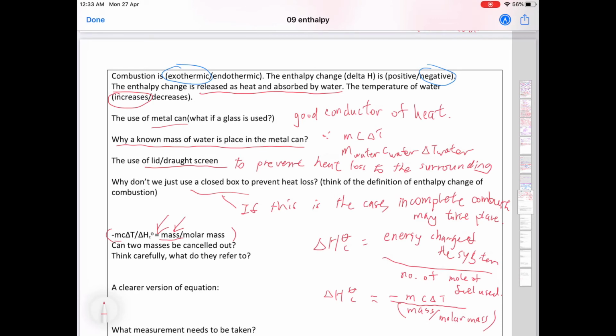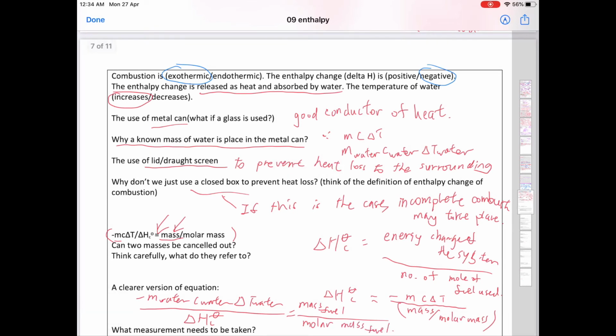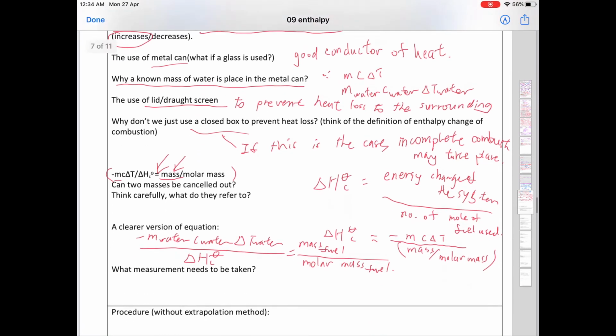So if we write down a clearer version of the equation, it will look like this: mass of water times specific heat capacity of water times delta T of water, divided by delta HC, equal to mass of the fuel divided by molar mass of the fuel. So these two masses cannot be cancelled out.